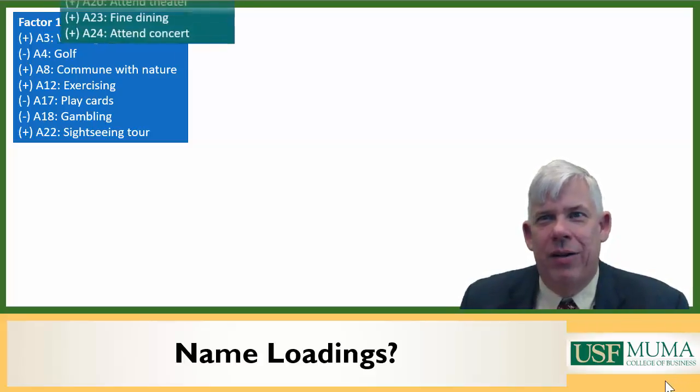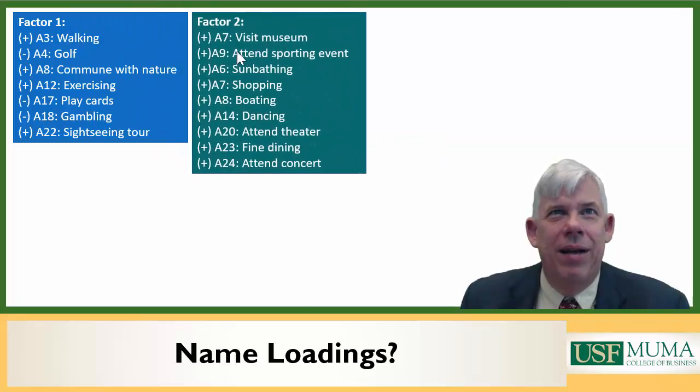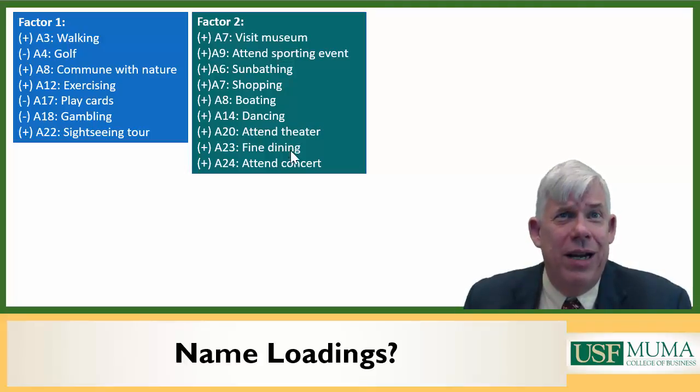Now we look at the second factor, and positives pretty much down the board: visit museums, sporting events, sunbathing, shopping, boating, so forth. A lot of these look like urban events, so originally I thought it was an urban sort of factor, but boating didn't necessarily fit in there. Someone in the class suggested that maybe this is a cruise, and it's true. All of these are activities that could be done on a cruise.